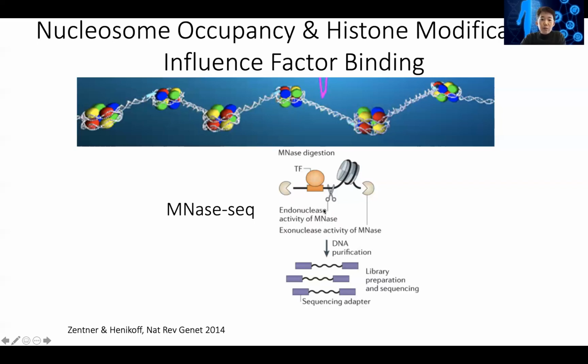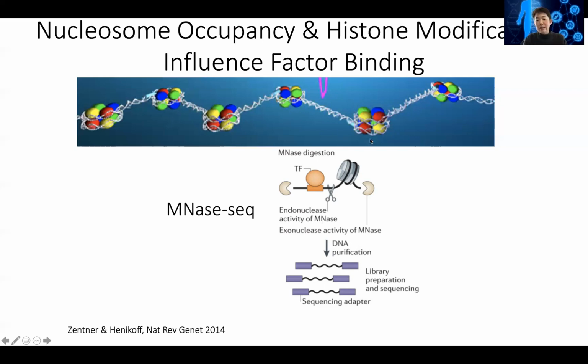To map the nucleosomes on the chromatin, there are experiments that can be done. We digest the chromatin with an enzyme called micrococcal nuclease, or MNase. MNase will have an easier time cutting in the open, nucleosome-free regions, and then you get just the nucleosomal DNA.